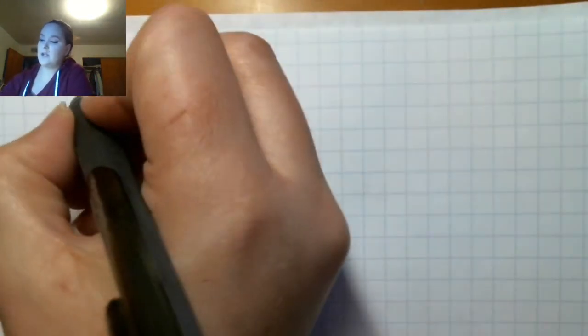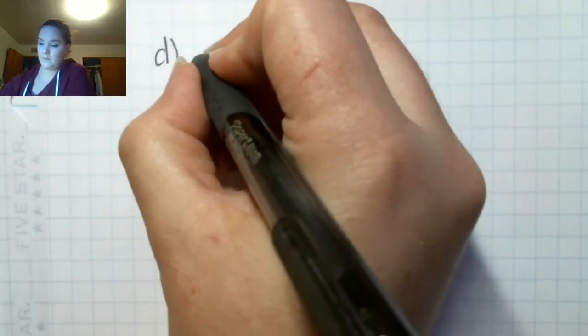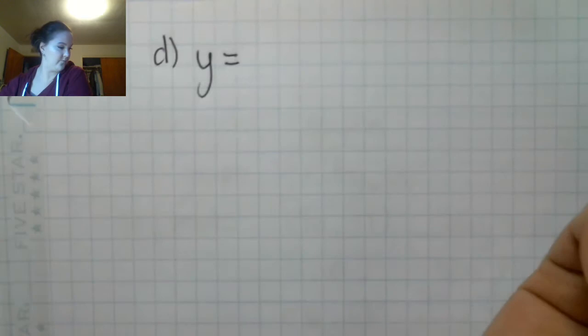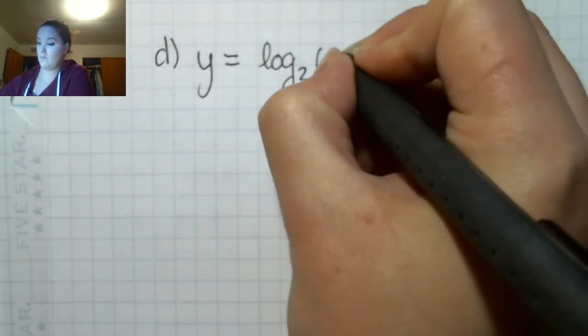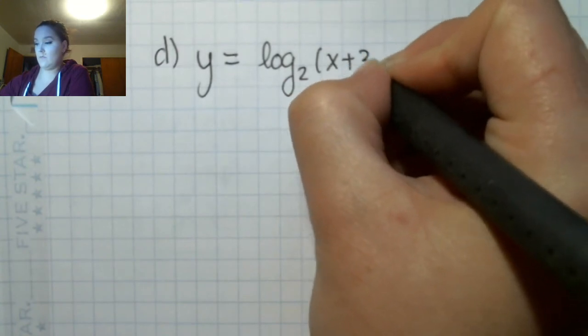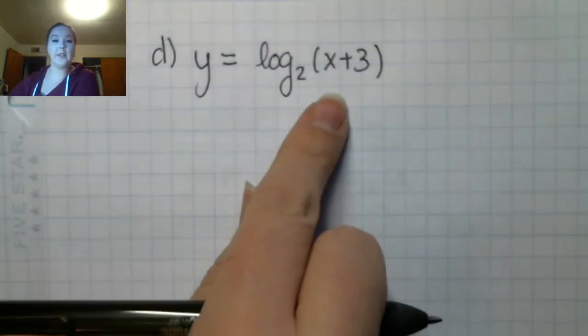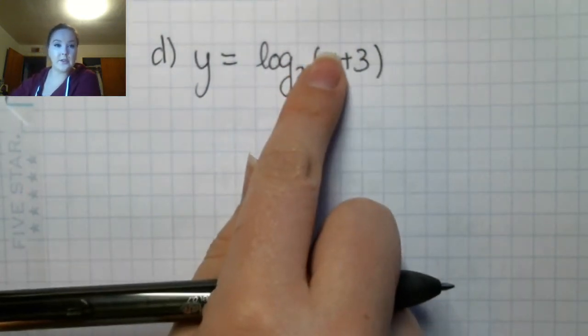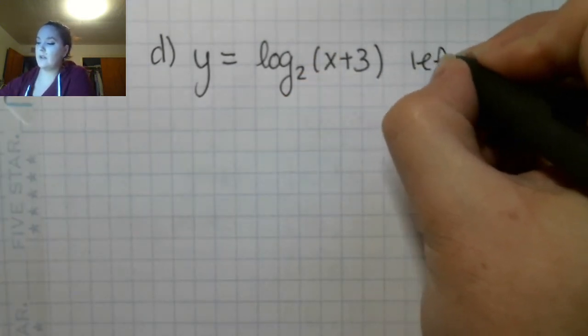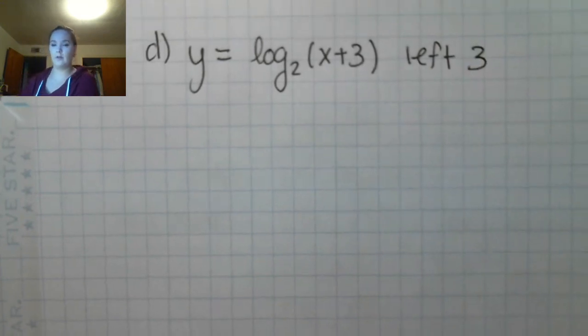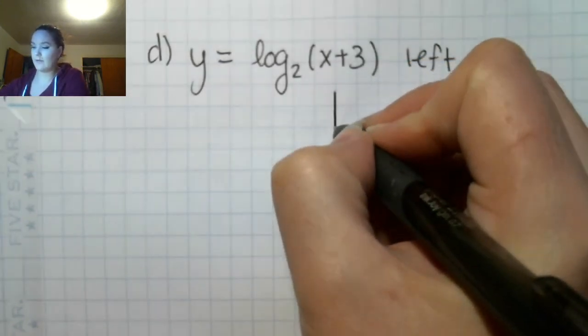So then we're on part D, which is our last transformation. Now we can see it's inside of our function, so that means it's going to affect x. So the +3 is going to move it left 3. Let's look at our graph.